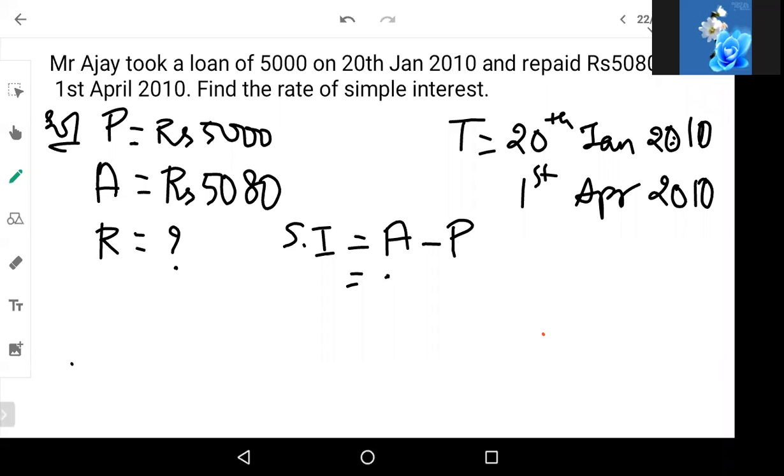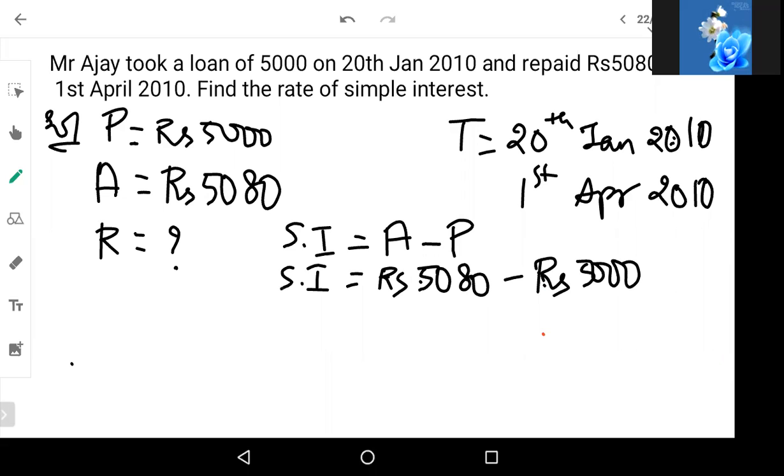So, he had repaid rupees 5,080, but what was the principal? 5,000 was the principal. So therefore, the simple interest amount will be 80 rupees. Correct? So just by seeing the repaid amount minus the original loan, we are calculating the interest amount.